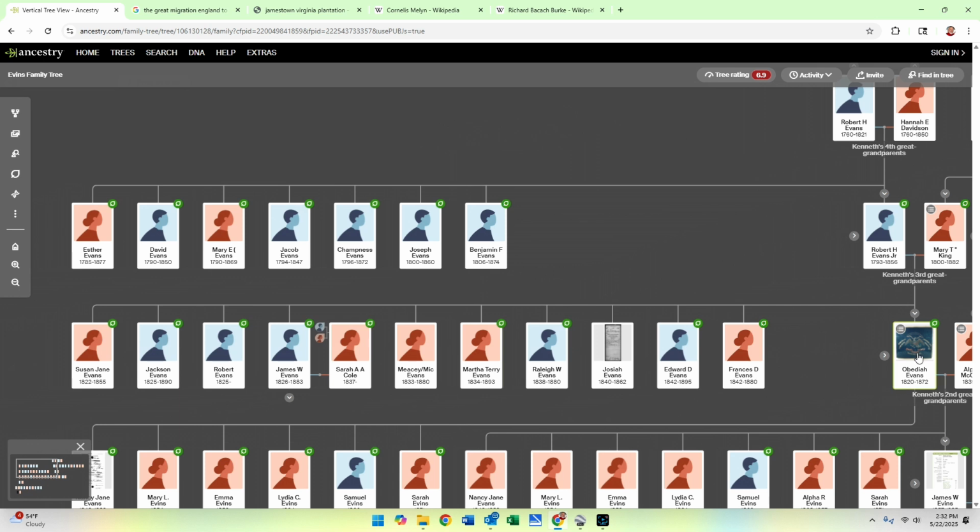And we know that Obadiah went to Kansas and was actually involved in overseeing the election that decided whether they would vote to be a slave state or a free state. Up until then, on all the censuses, 1840, 1850, 1860, he was spelling his name Evans.